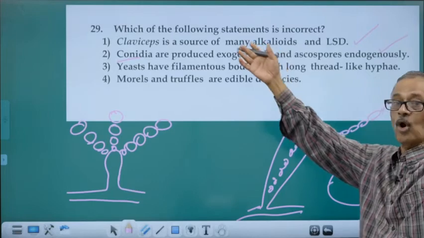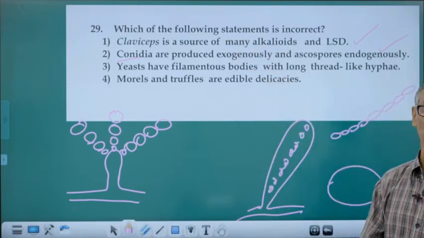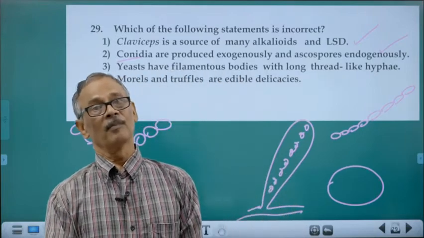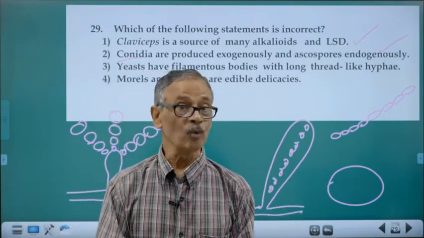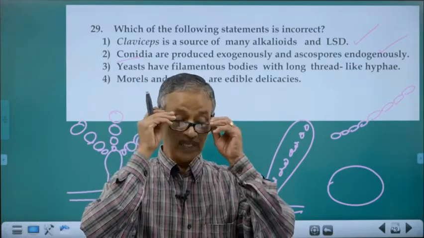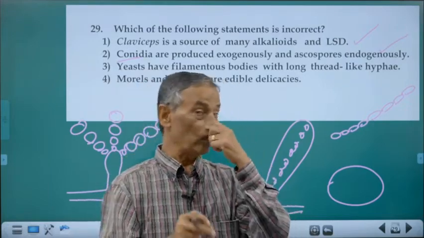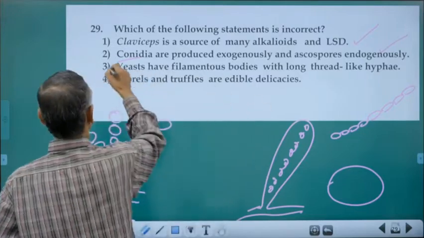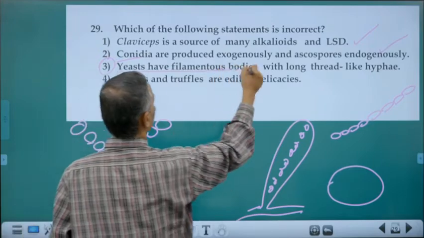They form colonies, which are almost similar to a multicellular fungal mycelium. It is not a true mycelium because it is a colony, not a single structure. That is why we say it is a pseudomycelium. The only fungus producing pseudomycelium is yeast. So that is the incorrect one.